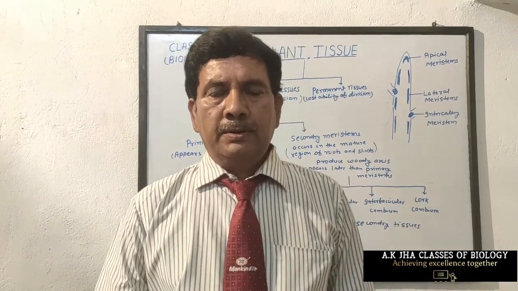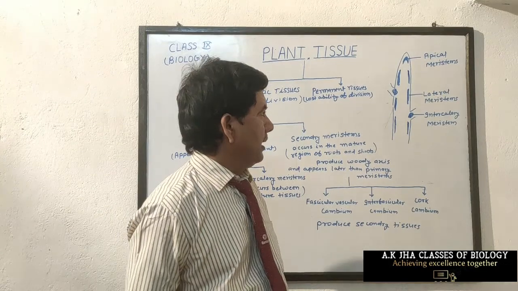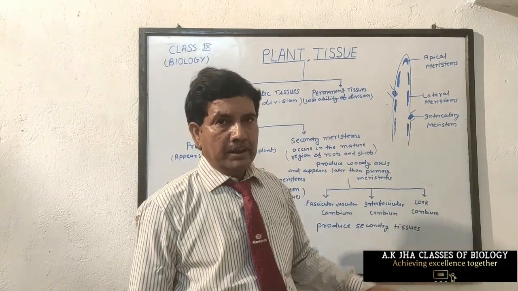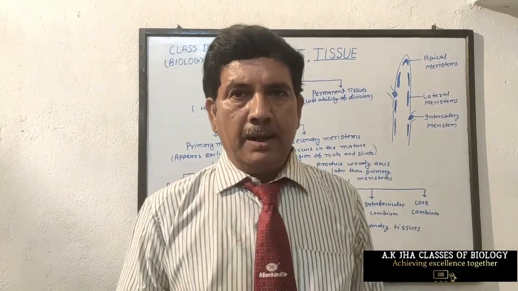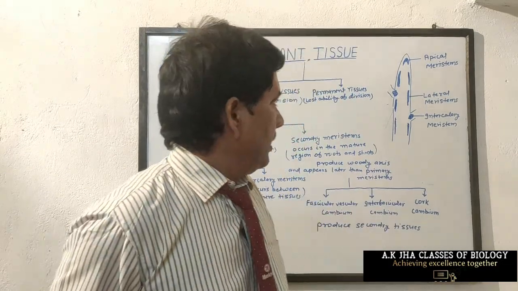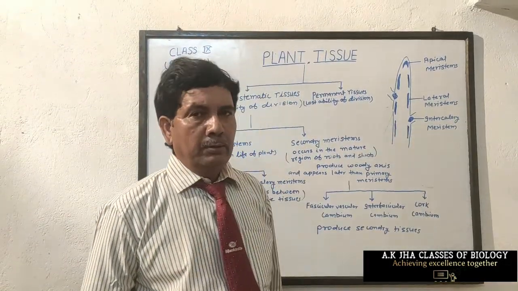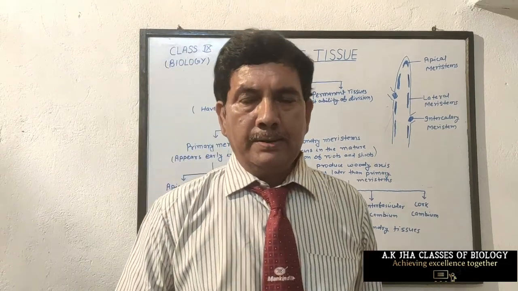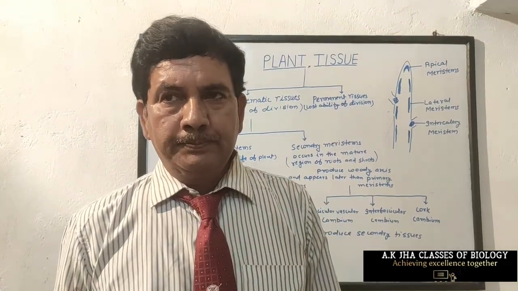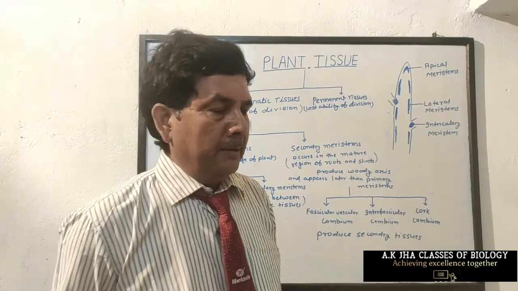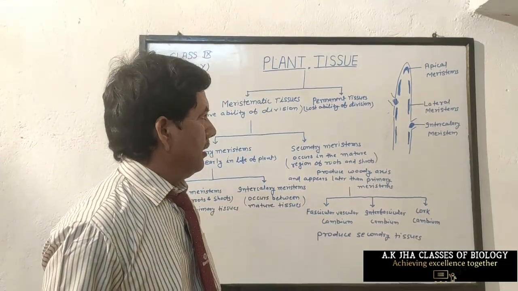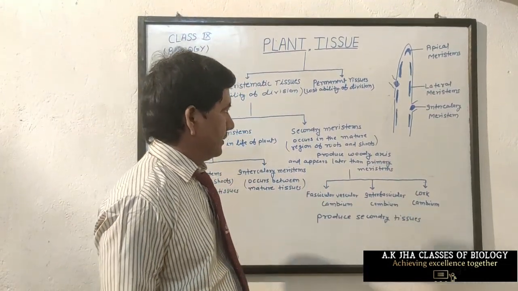That means lateral meristem helps in increasing the thickness of stem and roots, and intercalary meristem divides to form new branches, new leaves, or either floral axis or new branches of plants.